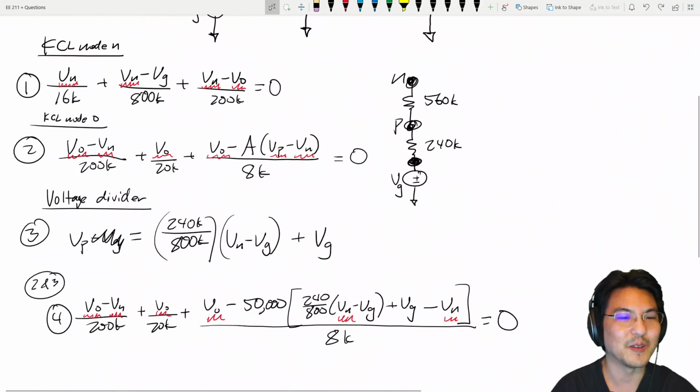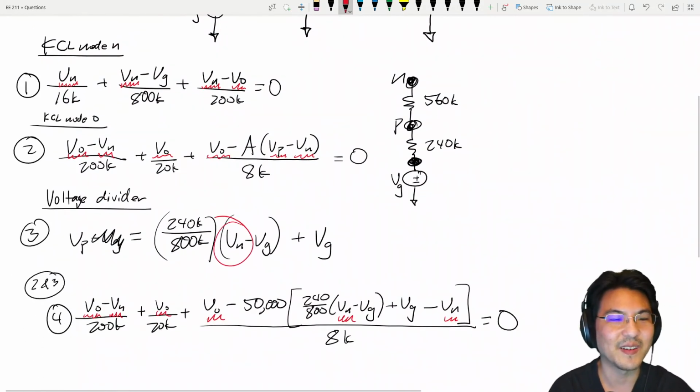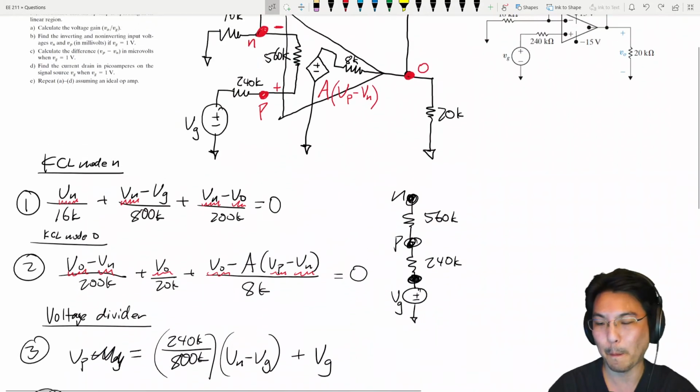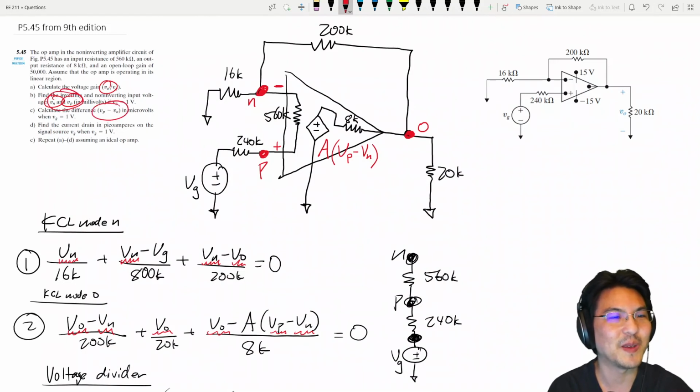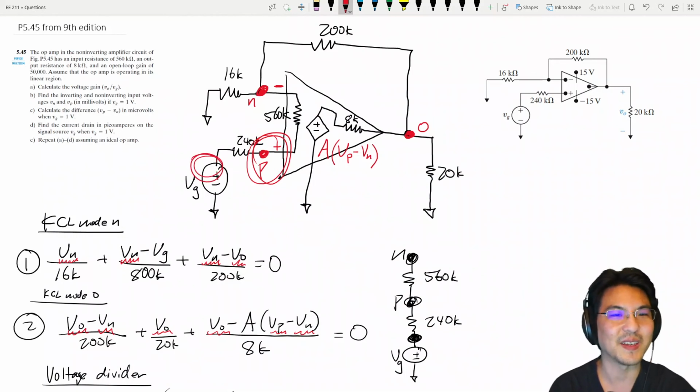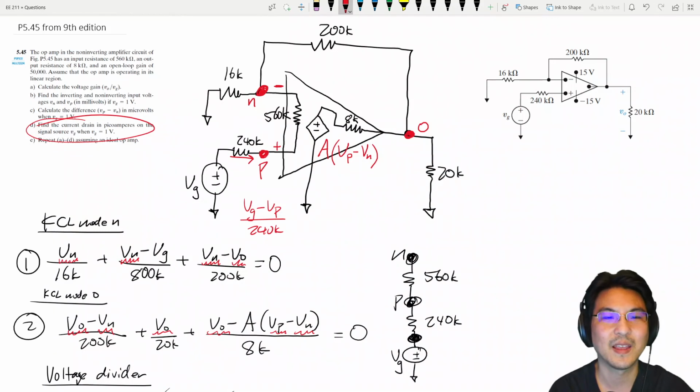And then once you know Vn, you plug it in here, and you have Vp. So now you have all three. And then if you know Vn and Vp, just subtract one from the other, and that's part C. And if you know Vp over here, and you know Vg over here, then you can get the current here. It's just Vg minus Vp over 240K.